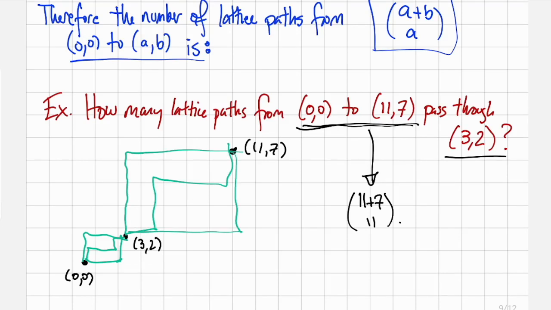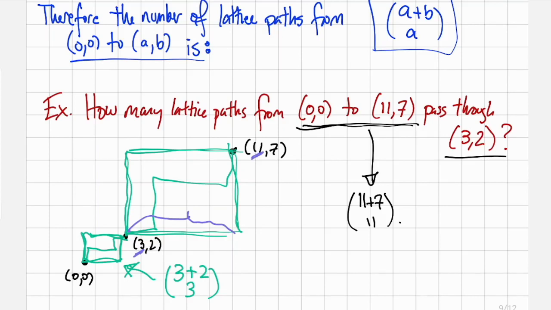you'll notice that this picture looks like 2 smaller rectangles that we have lattice paths in. This first rectangle goes from (0, 0) up to (3, 2). That has 3 horizontal steps, 2 vertical steps, of which we need to choose 3 of them to be horizontal. And in this rectangle, we start off with x-coordinate 3, and we go up to x-coordinate 11.